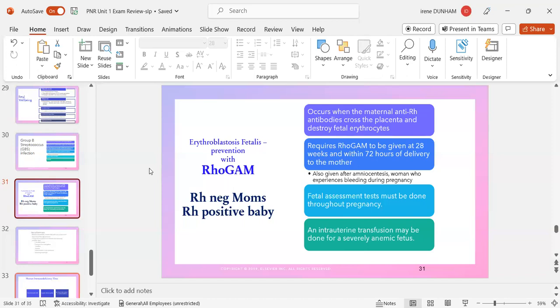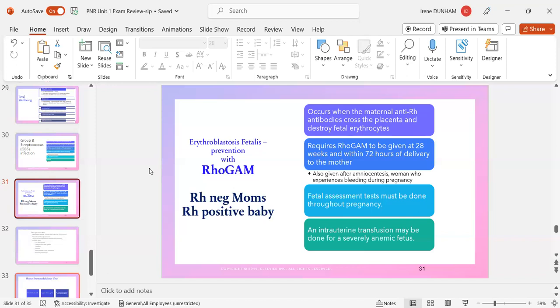And if we give mom Rogaine at about 28 weeks gestation, we can prevent that for this pregnancy. Then after she delivers, guys, we give her another Rogaine injection. And that's around 72 hours after delivery. And that's because we're going to protect the next pregnancy. So in the very beginning, when we talked about that first prenatal visit, we're going to do all our blood work.